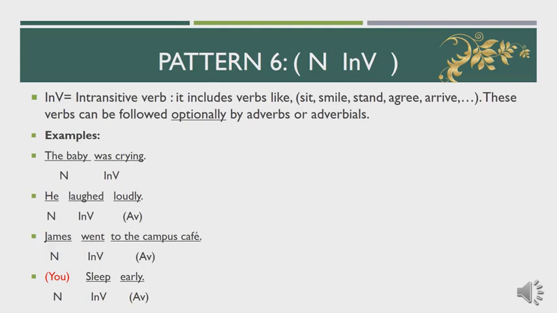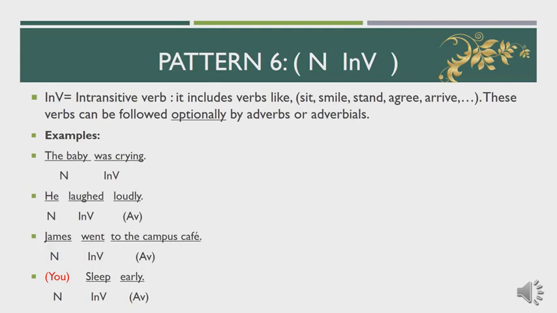As we've said, intransitive verbs are verbs that are not followed by objects. They do not need objects. These verbs include verbs like sit, smile, stand, agree, arrive, etc. And these verbs can be followed optionally by adverbs or adverbials. When I say optionally, it means that the adverbs are not part of the pattern.